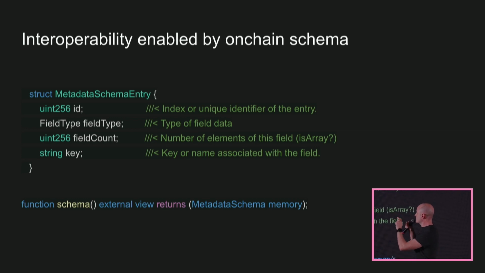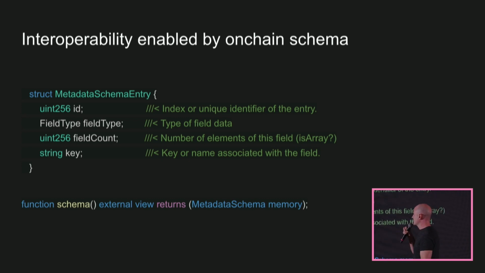And if you start with just some definition of a metadata schema on-chain, given this one, this is a very minimal form, but it is complete enough to be usable, right? So if I define my metadata as having an array of these, and each one of these is an entry, and so this represents a field. Each field has an ID, a field type, maybe the field type's like uint256 or uint8 or address, right?